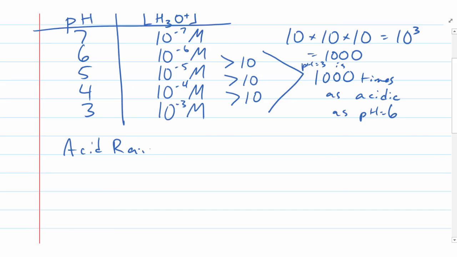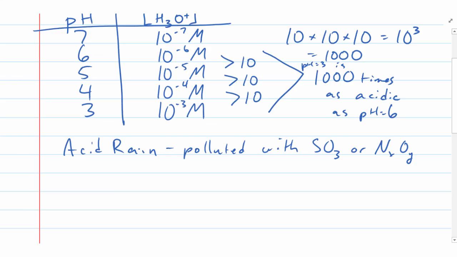Acid rain, and it's still a concern, is rain that is basically polluted. And it's polluted with what we call sulfur trioxide or nitrogen oxides. And these subscripts are x and y, because there are so many different nitrogen oxides that can form.